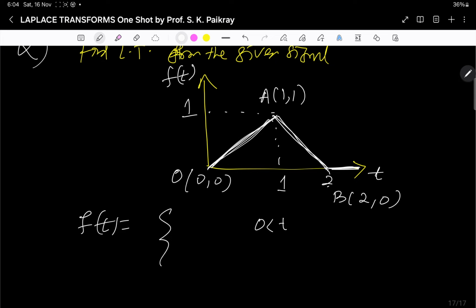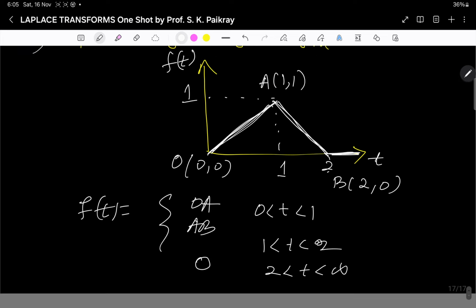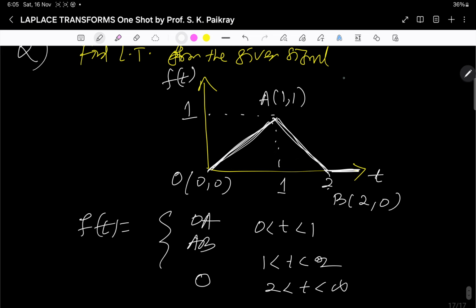One is 0 less than t less than 1, another is 1 less than t less than 2, and another one is 2 less than t less than infinity. Now this is your 0 here, it is quite usual, and this is my OA straight line, and this is my AB straight line. You have to find the equation of the straight line passing through A (x1, y1) and B (x2, y2).